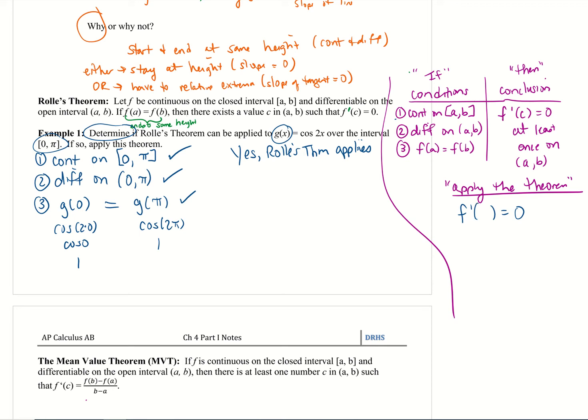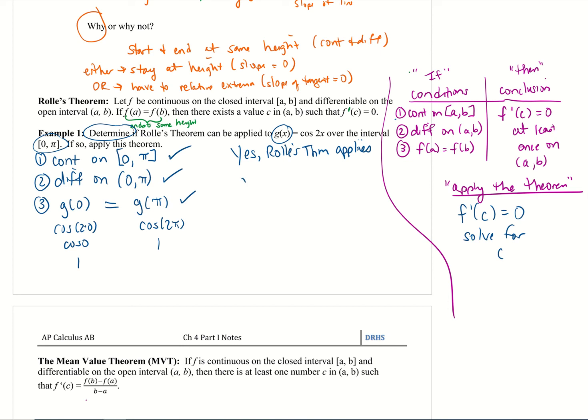If it's really bothering you, then you'll be allowed to use X. What this is asking you to do is you set up the conclusion and then you solve for C. You find out where the derivative equals 0. If you refuse to use C, then you're going to solve for X. It's up to you. I'm going to use C and see if we can get you a little bit used to it. No one's going to mark you wrong if you can't.